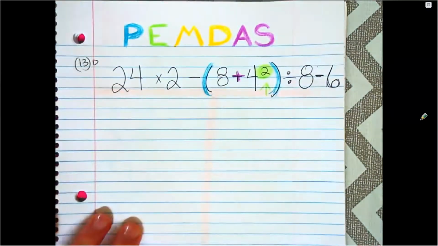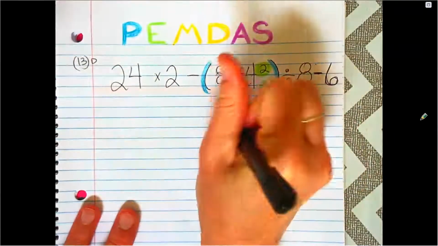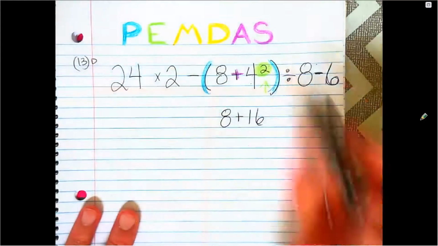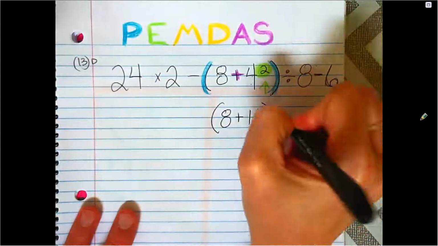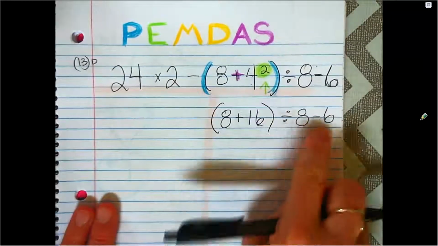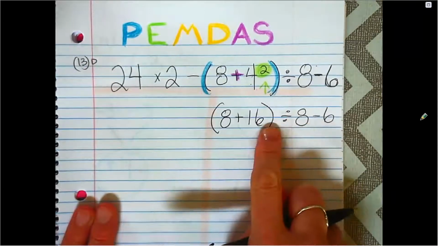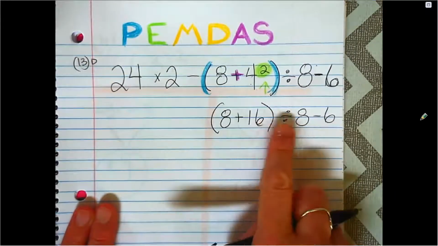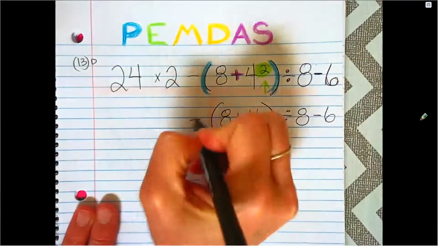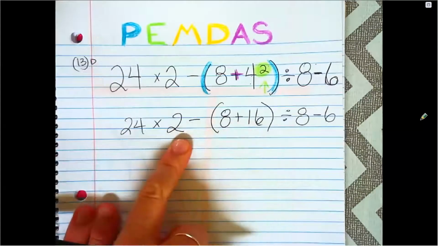So I'm going to start my problem. 8 plus 4 squared. So this is going to be 8 plus 16, which is 4 times 4. And then I'm going to rewrite my entire problem. I can't do 8 minus 6 yet because there's a division problem here. This division operation has to come before I do this subtraction. All right, so I know I probably could have multiplied that already, but that's okay.